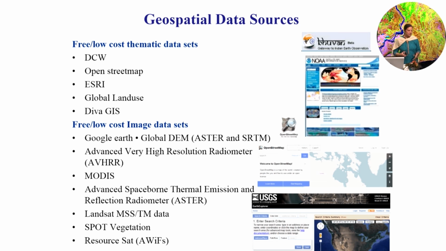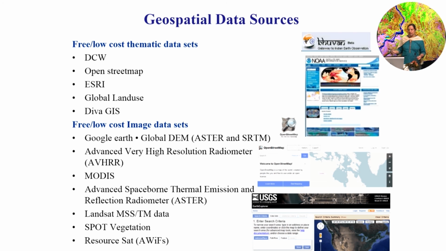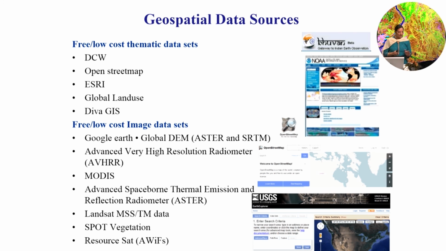You can work with it, do queries, even processing, and have an overview of it. Similarly, there are USGS for the US satellites, and Google Earth of course, which provides data sets of foreign satellites at variable resolutions, generally high resolution. So with this, I would like to summarize the overview part.